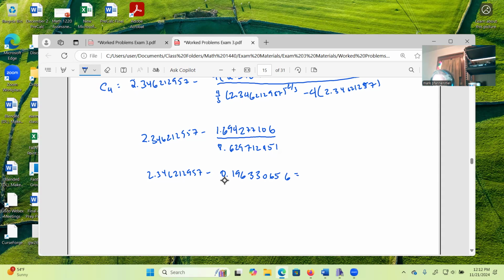This was equal to, and we got 2.149882301. Okay, so we are up to here. This is now my C5.